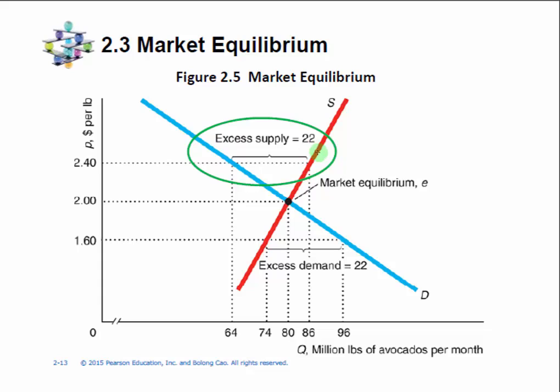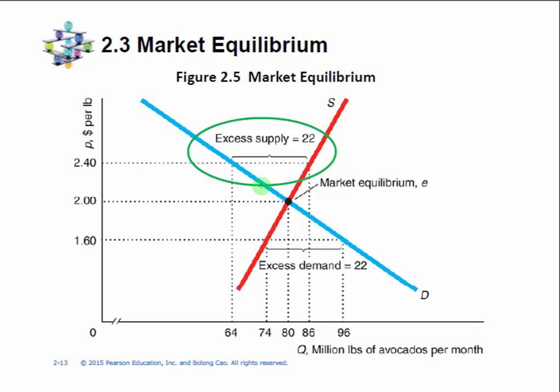And what the firms need to do is basically lower the price, mark down the price towards $2. And once the consumers see avocados become cheaper, they would like to buy more. And again, both of the two sides make a move, right? They change their behavior, which basically drives down the price towards $2. And as the price goes down, the quantity supplied also goes down, right?